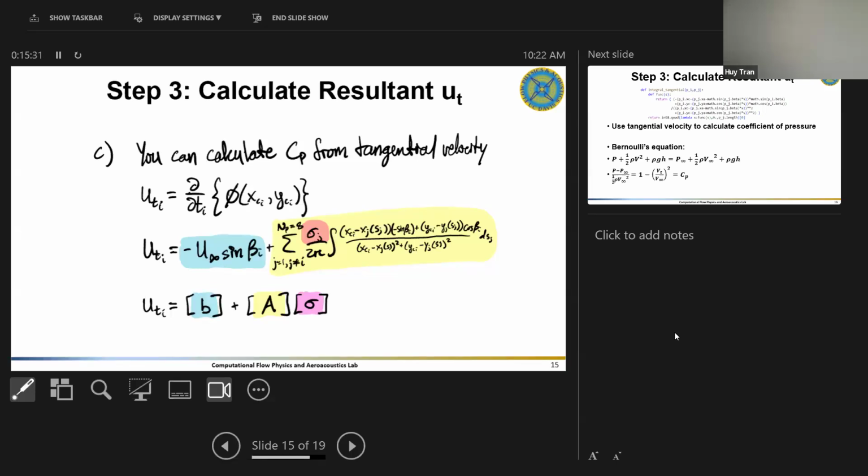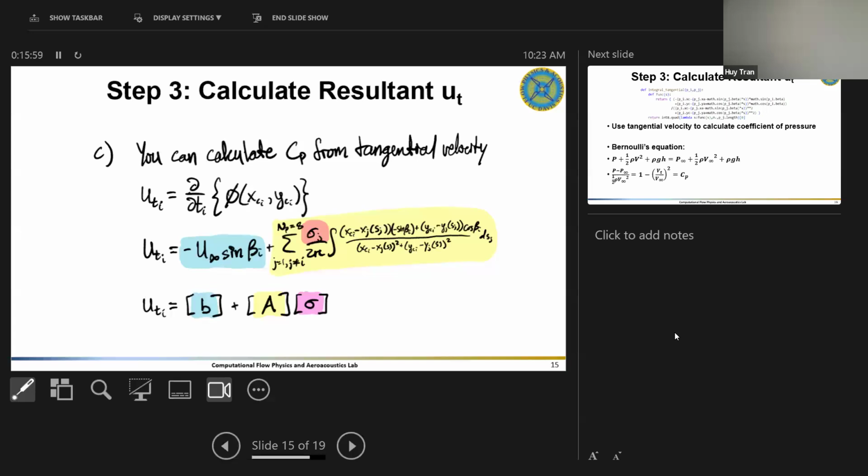So to obtain the tangential velocity, you once again look at the potential velocity. According to my writing, you differentiate the potential with respect to the tangential direction. I think you can do this by differentiating psi instead of phi. I believe it's kind of the same thing, but that's what I saw from the code.